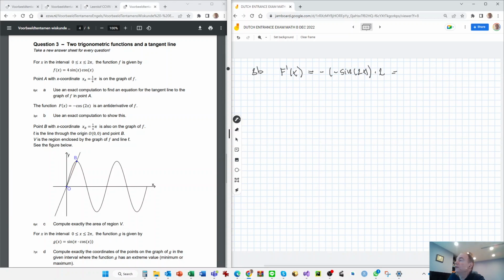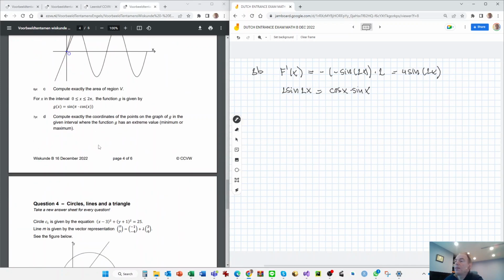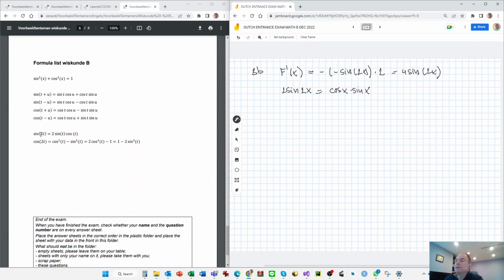So I find 4 sine 2x, and now I can use that equation we saw earlier, that the sine of 2 times the sine of 2x is the same as the cosine x times the sine x. Got it wrong. No, this doesn't make sense.